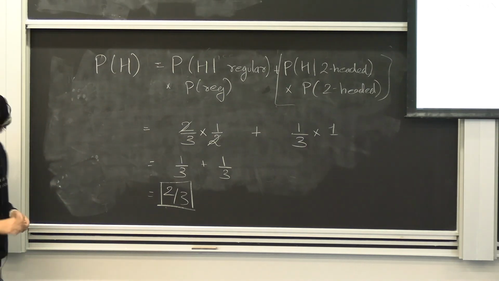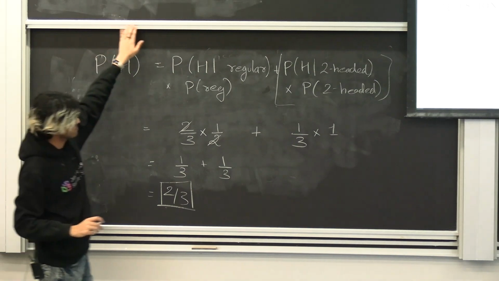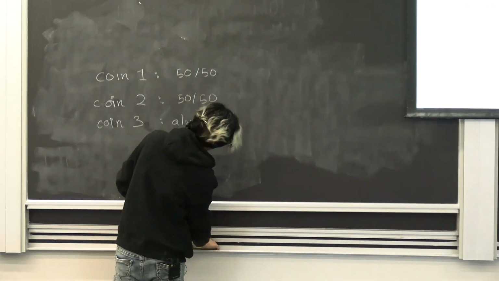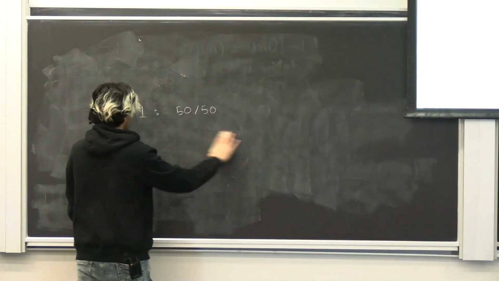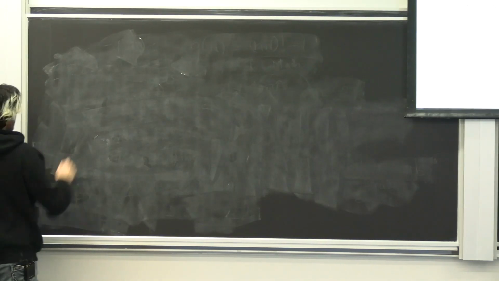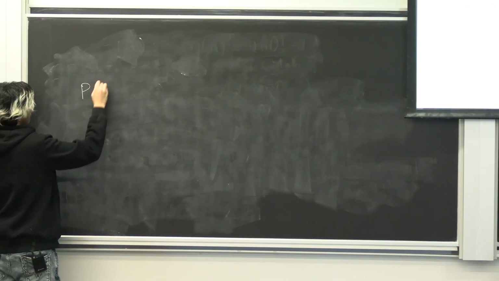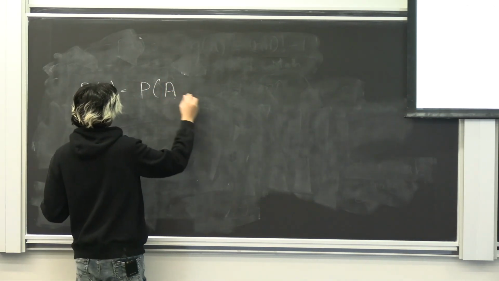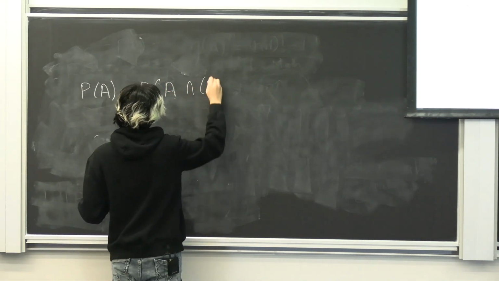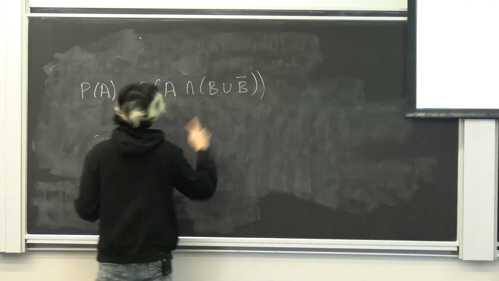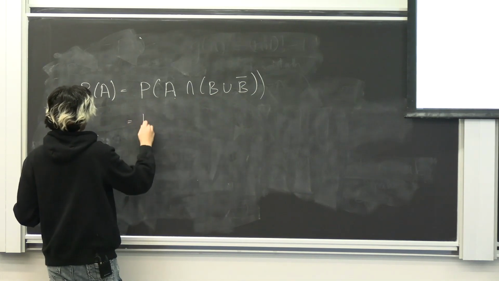Let me just reiterate the formula I showed. I made a small typo. Probability of A is the probability of A intersect B union B complement. This is just everything, so it actually doesn't do anything.